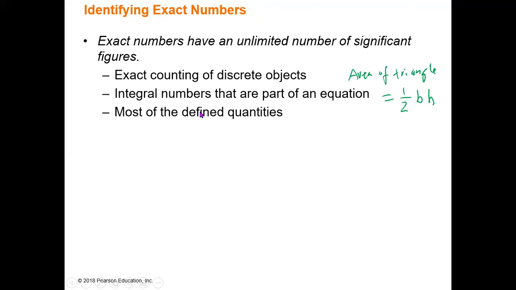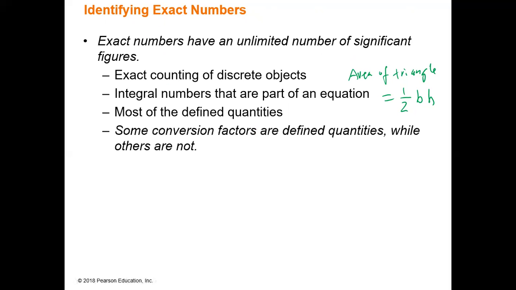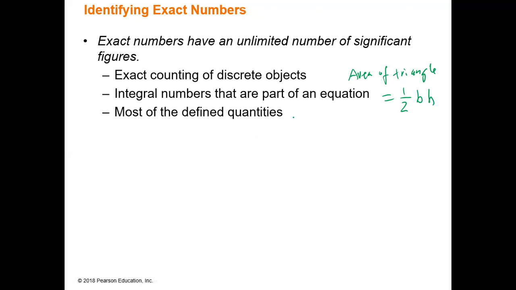Another source of exact numbers is most of the defined quantities. What is a definition? An example of a definition: 1 meter equals 100 centimeters. So this is a definition.